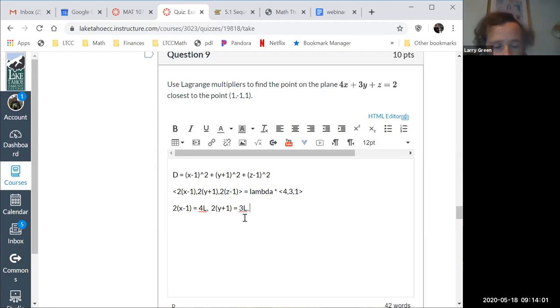And then we have 2 times z minus 1 is equal to L. Any questions? Okay. And then we also, by the way, have 4x plus 3y plus z equals 2. So those are our 4 equations, 4 unknowns. Okay, this wasn't supposed to be that evil, even though it's a little tough, but it's not so bad.